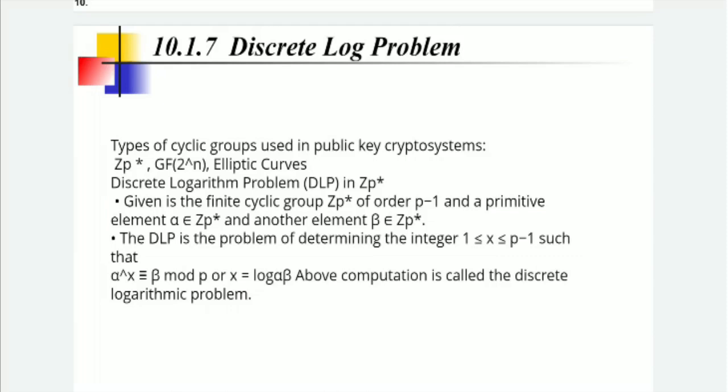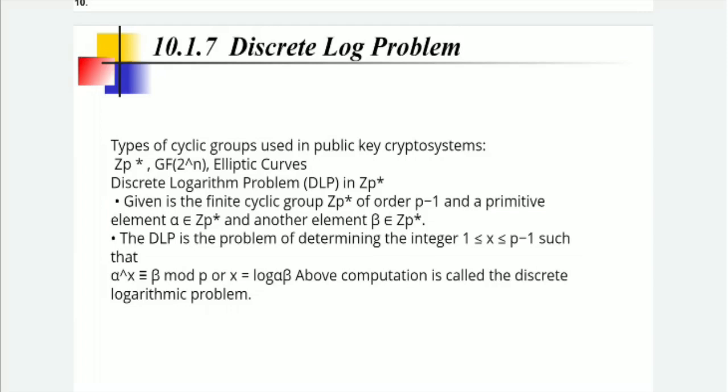Suppose we have a finite cyclic group Z_p asterisk of order p minus 1 and a primitive element alpha belonging to Z_p asterisk, and there is another element, beta, which also belongs to Z_p asterisk.